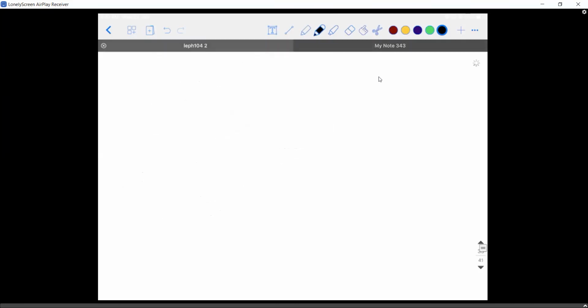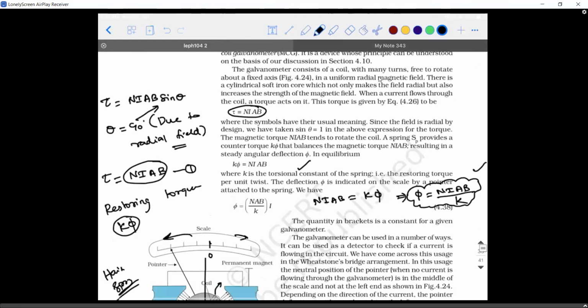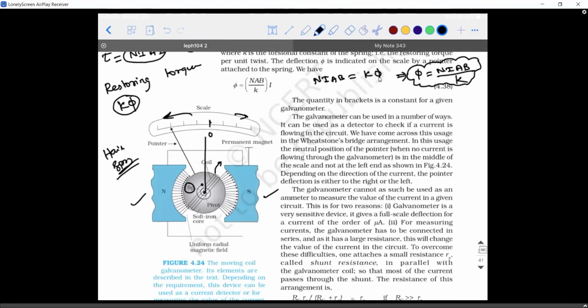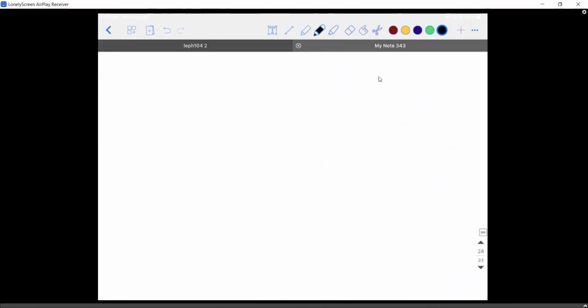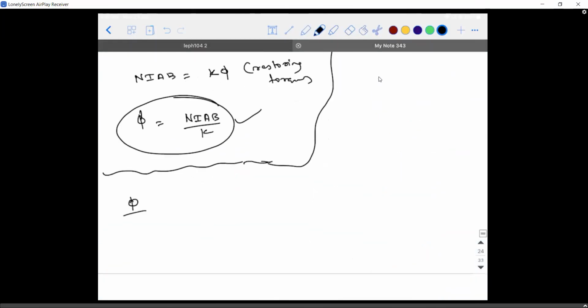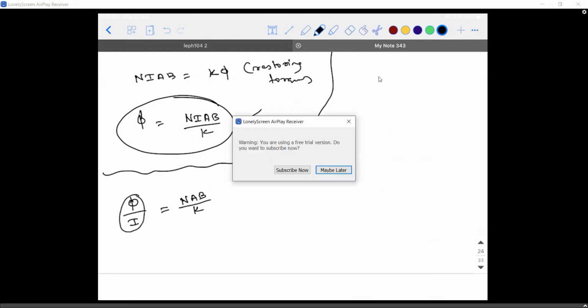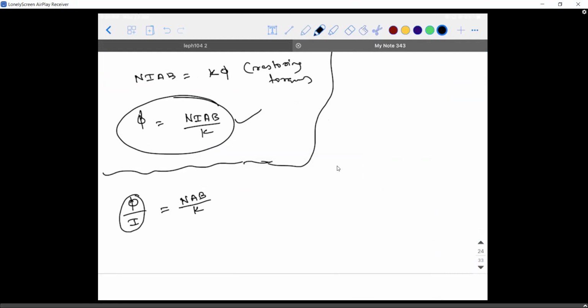Okay. So these are the basics with respect to a galvanometer. Now, if I rearrange this equation, phi divided by I can be written as N into A into B divided by kappa. This phi divided by I is what is called current sensitivity.